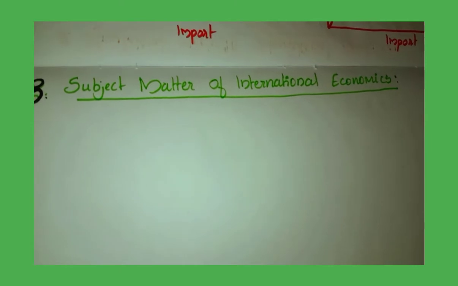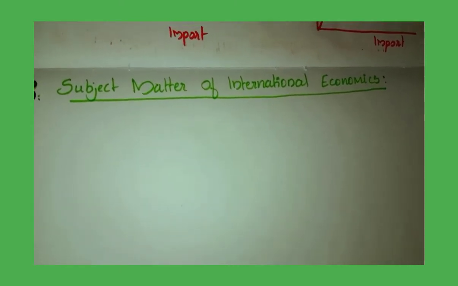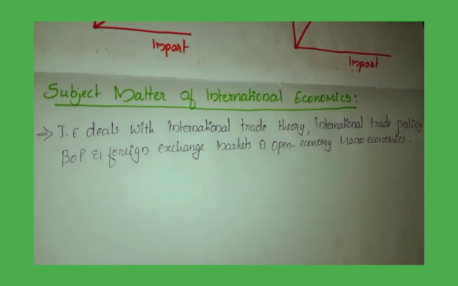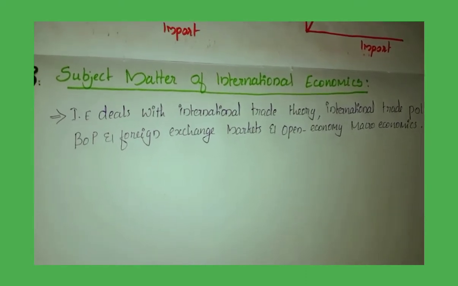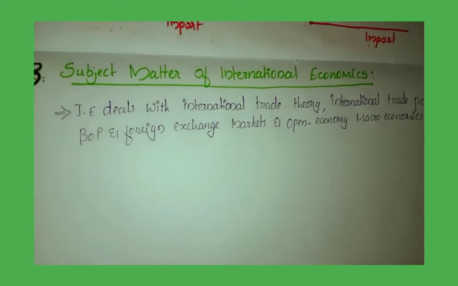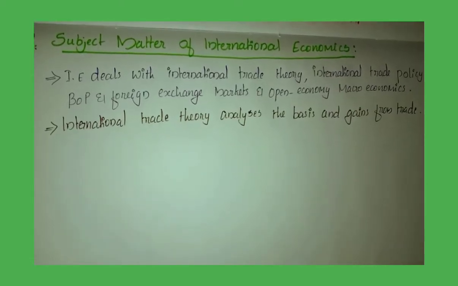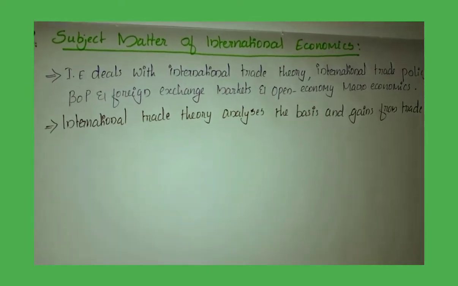Then we are going to discuss the subject matter of international economics. International economics deals with international trade theory, international trade policy, balance of payments and foreign exchange markets, and open economy macroeconomics. International trade theory analyzes the basis and gains from trade.